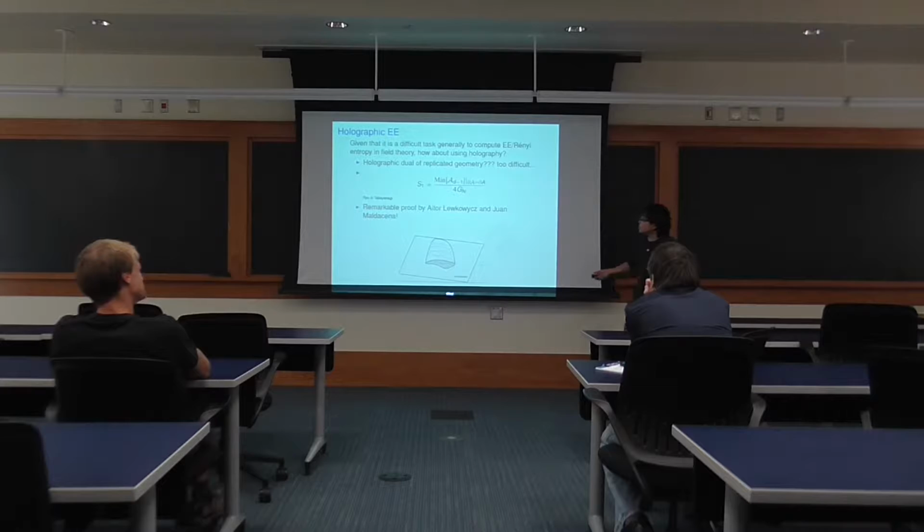But then Ryu and Takayanagi came up with a completely intuitive guess. They say that the entanglement entropy of a field theory with a gravity dual is given by the area of some minimal surface divided by 4G_N. What is this minimal surface?